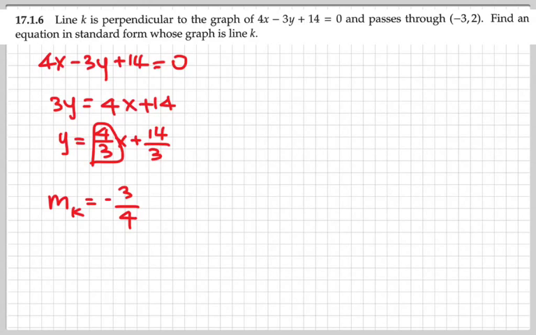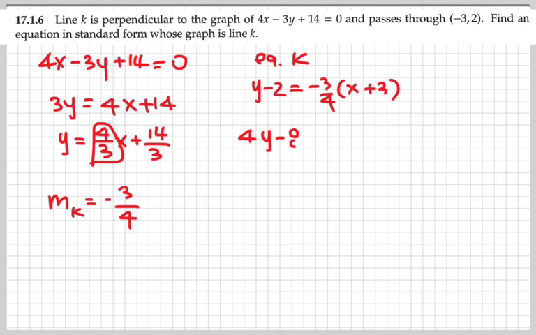Now, if the slope of k is -3 over 4, then in this case we can use the point slope form to find the equation of k. Which is y minus 2 equal to -3 over 4 times x plus 3. This one is not in standard form yet, so I can multiply everything by 4.